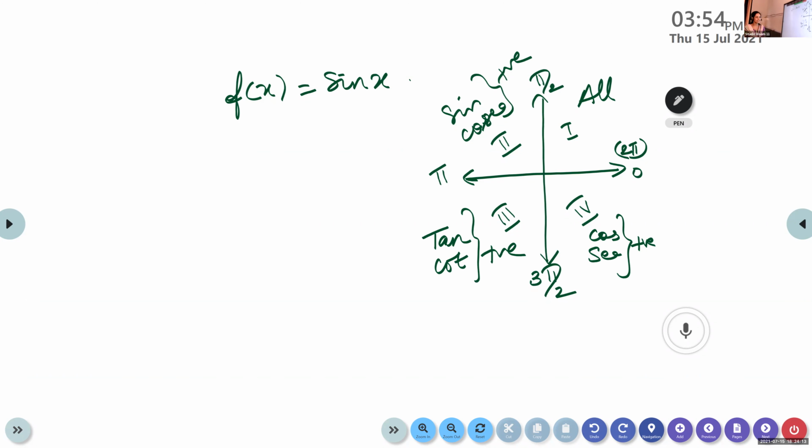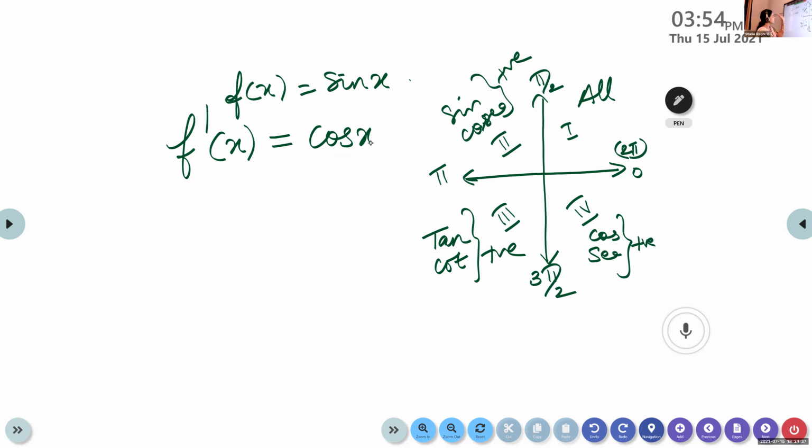So f of x is given. Which method have we learned? We want to find f dash of x, so we differentiate the given function only once. What is f dash of x? Cos x. Now listen, I'm not going to equate it to 0.